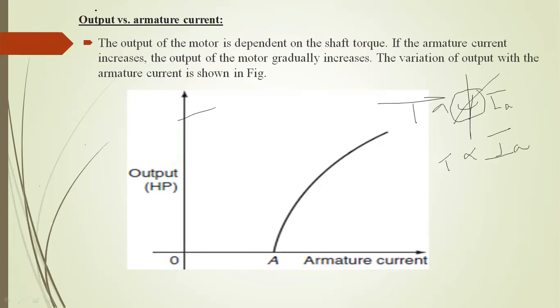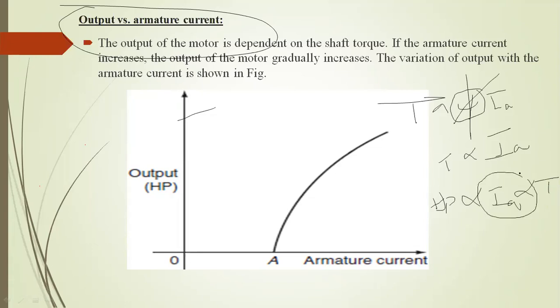So here also, in the characteristics between the output and armature current, the power, that is HP, depends upon the armature current, whereas the armature current is directly proportional to torque. So the armature current acts as the medium for both the power and the torque. We can write that the output power is directly proportional to torque.